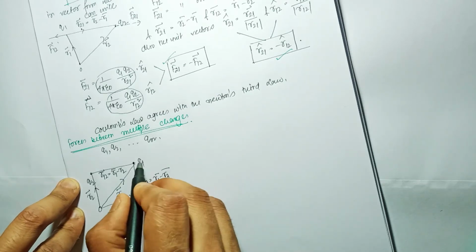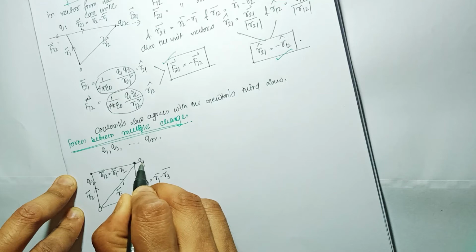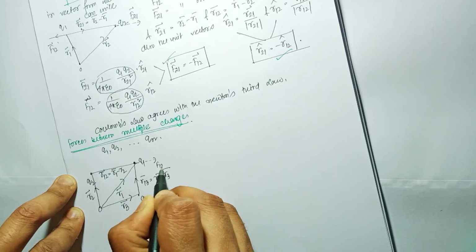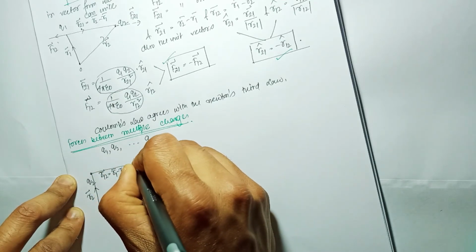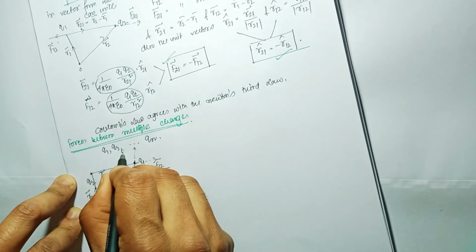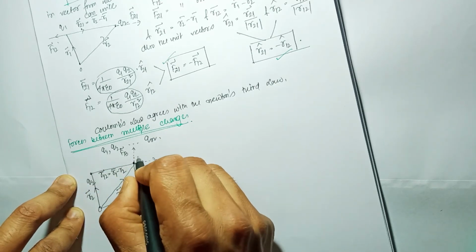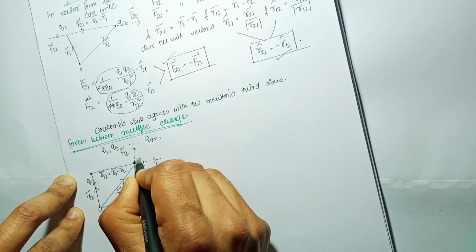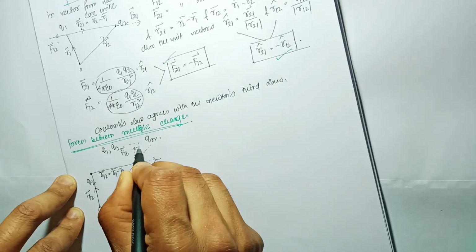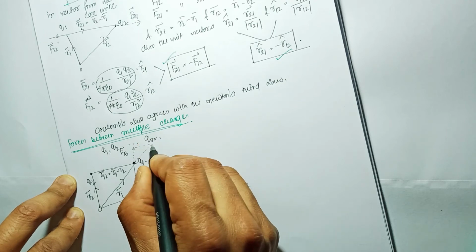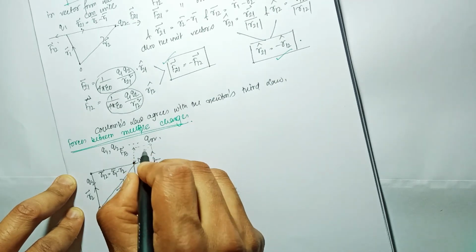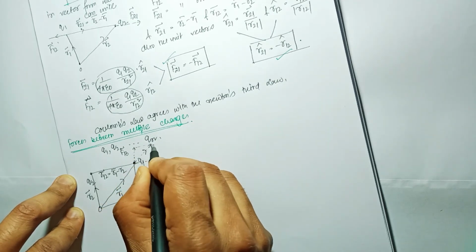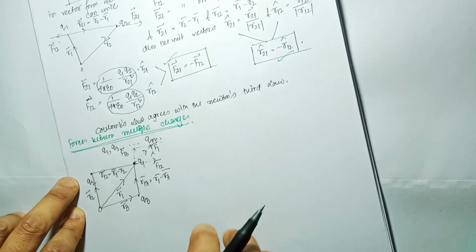This is F12 acting in this direction. This is F13 acting in this direction, and this will be the resultant force of these two, F12 and F13. We will get this from the parallelogram law of vector addition. This will be F1.